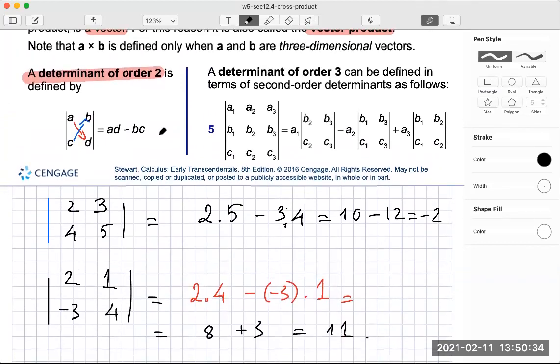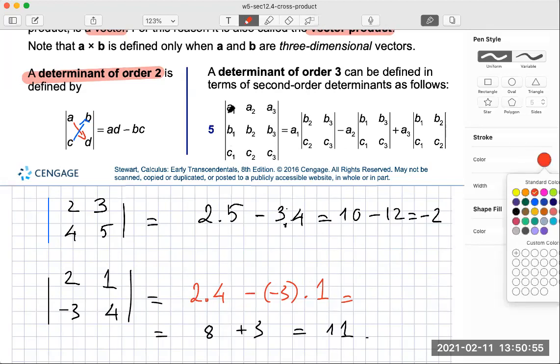And another rule, the determinant of order 3, in notation, we write it this way. If A1, A2, A3, B1, B2, B3, C1, C2, C3, then the determinant of order 3 will be A1. Remember, look at this.